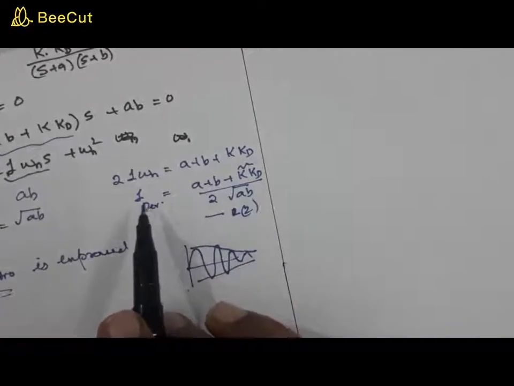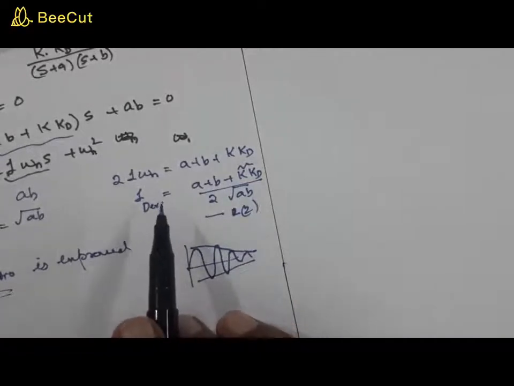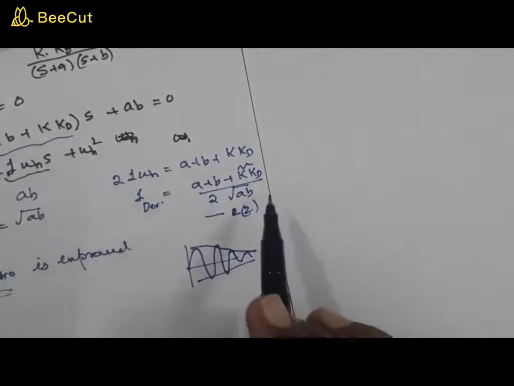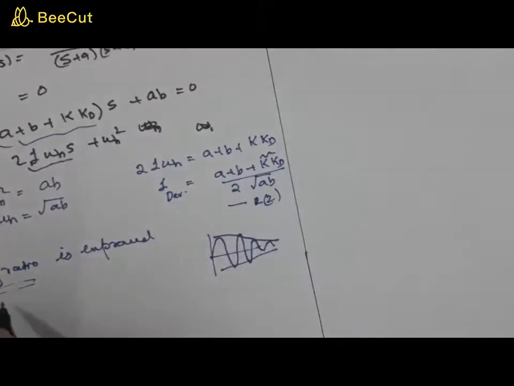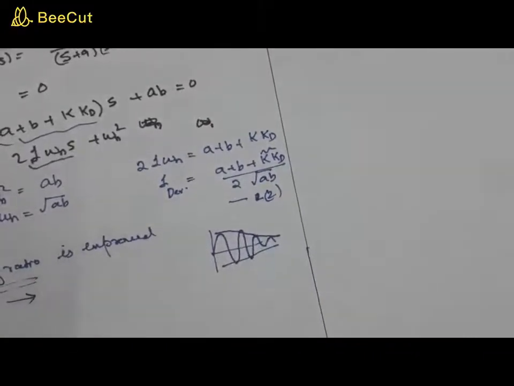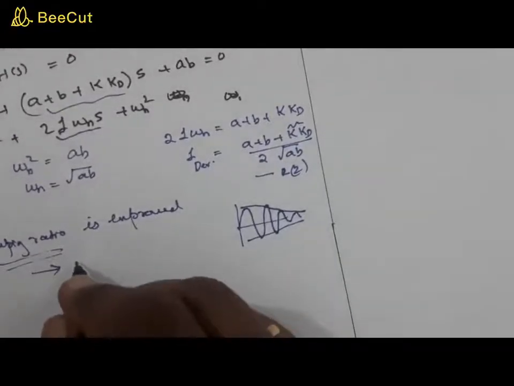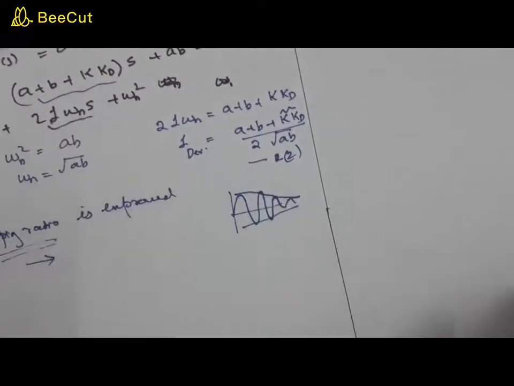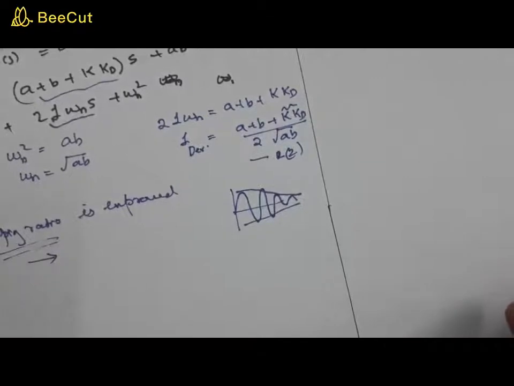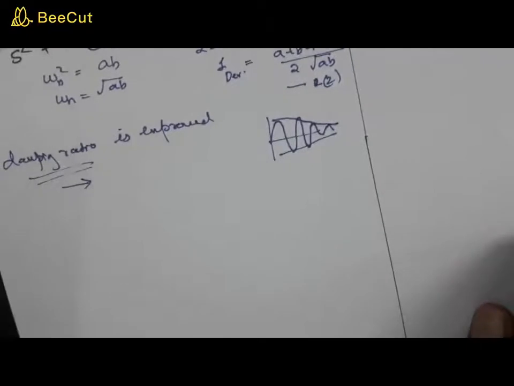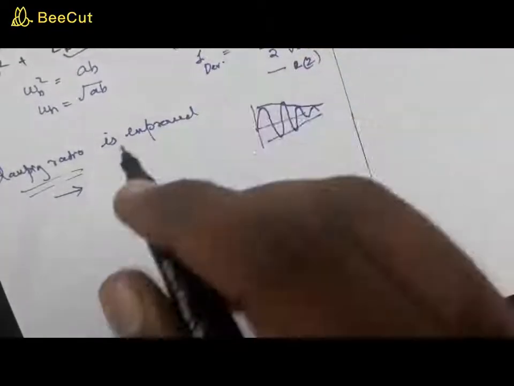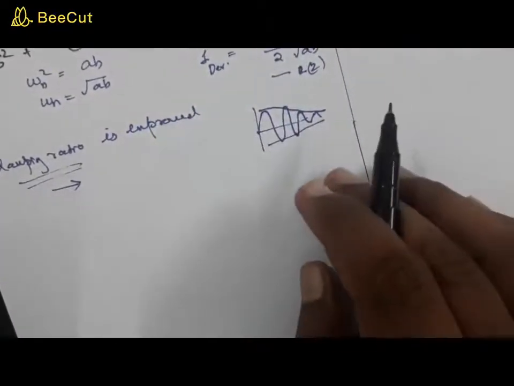What is the impact of this? Because of the high damping ratio, if there is a tendency of increasing oscillation, that will get reduced. So the system will never try to oscillate. That is the impact of this.